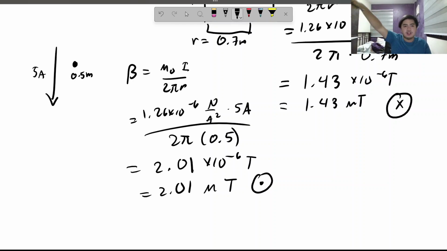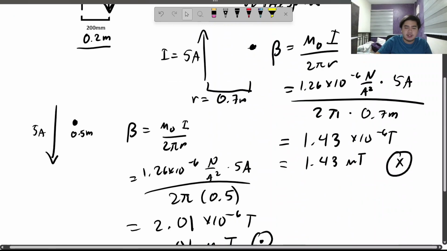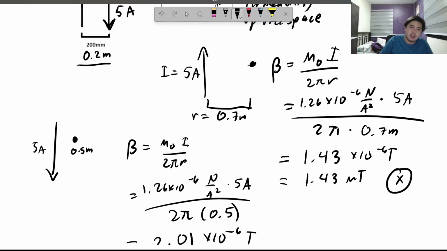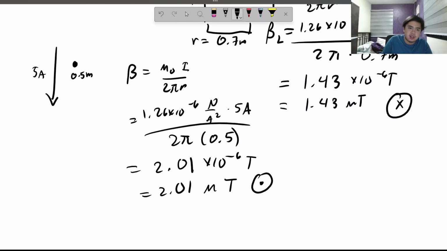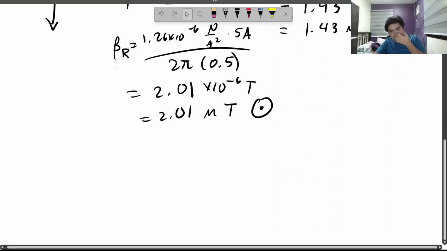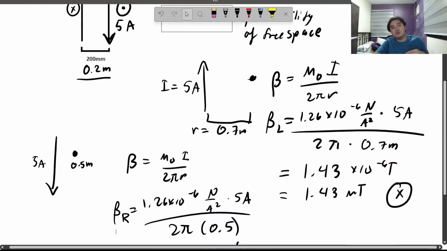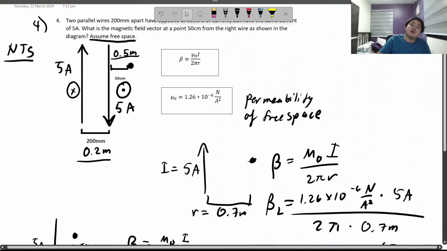Now, how do you find the total magnetic field? Again, before we start anything, let's label this. This is from the left arrow, so this is B left, and this is B right. This is the arrow from the right. So, how do we find the overall magnetic field?